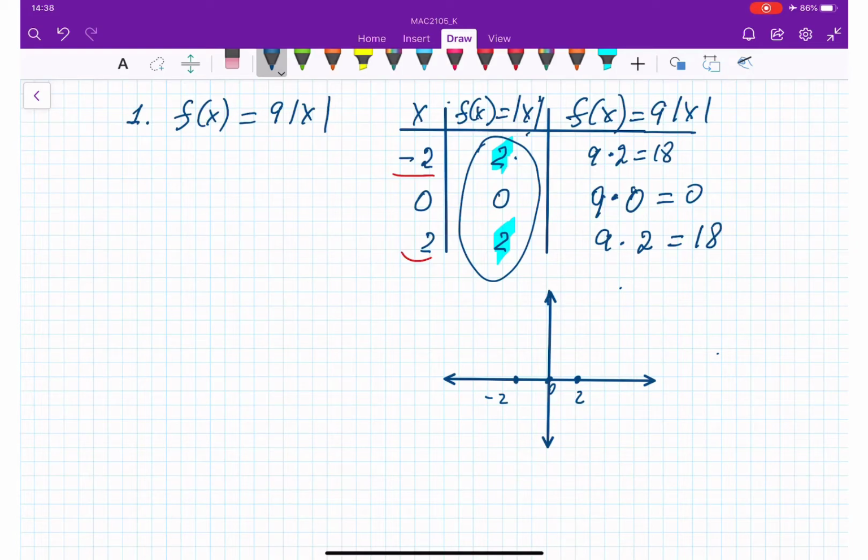What do I have with y? Y is equal positive 2 only, right? No matter what, y is going to be positive 2 right here. So this is going to be this point when x is 0, y is 0, and when x is 2, y is 2. And from here, I'm going to go with dashes.